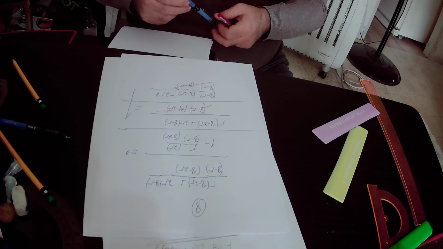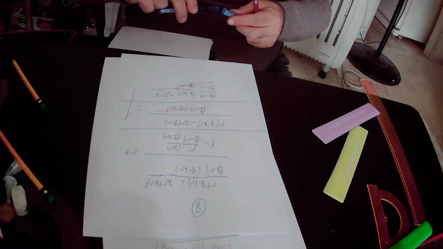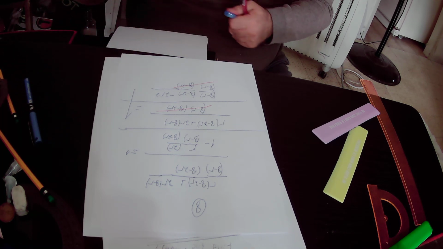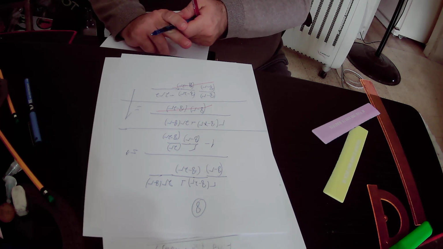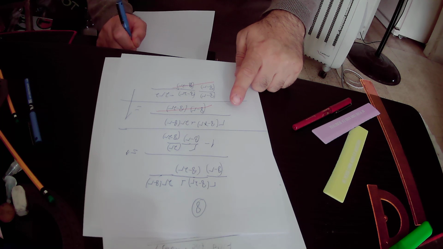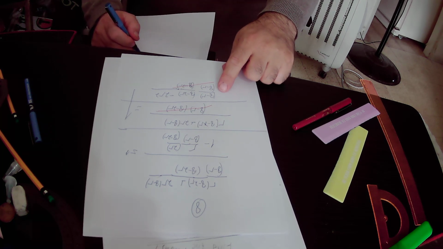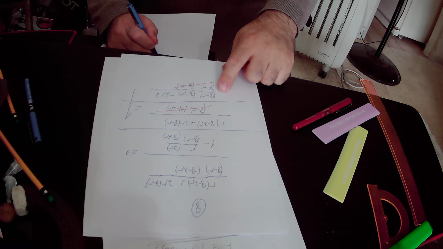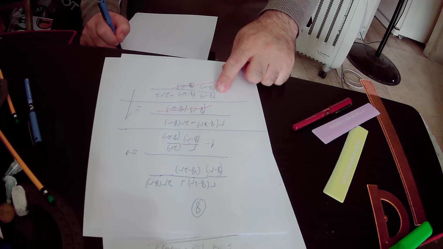It is actually r times 8 minus r times 8 minus 2r plus 2r times 8 minus r, all divided by 8 minus r times 8 minus 2r minus 2r squared, all equals to 1.